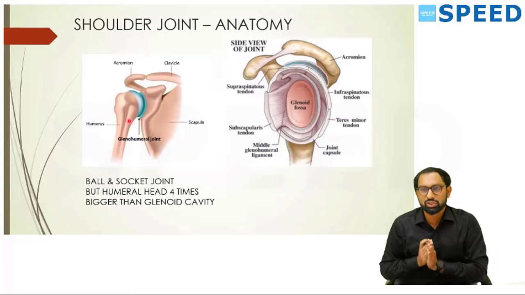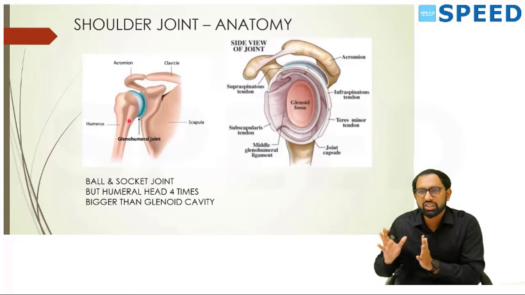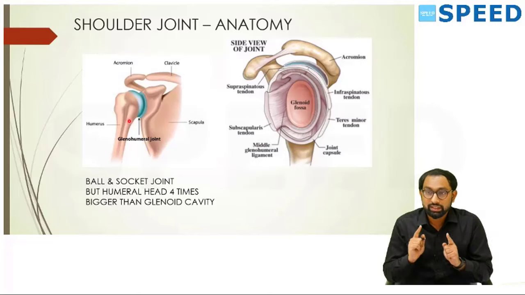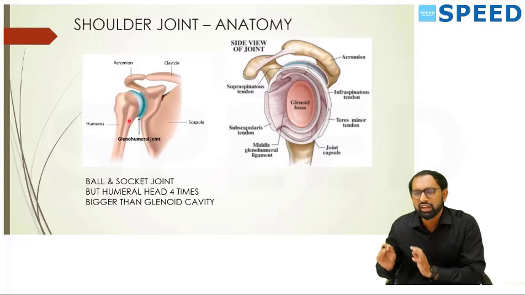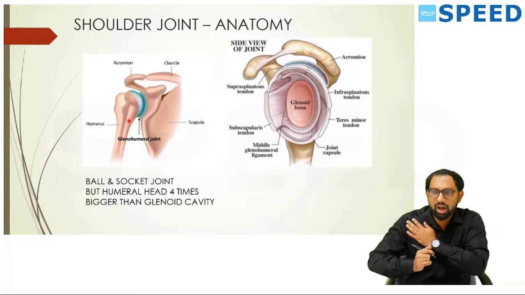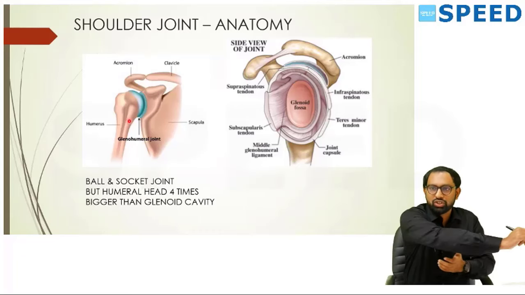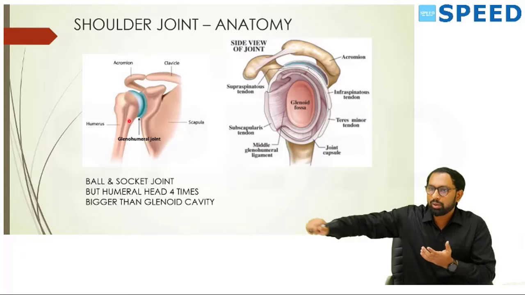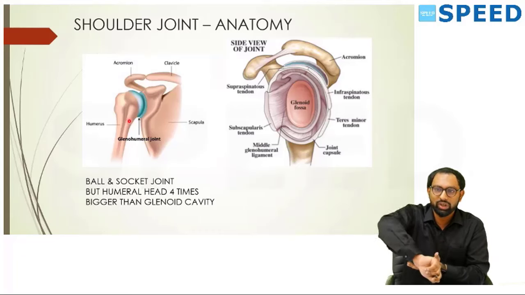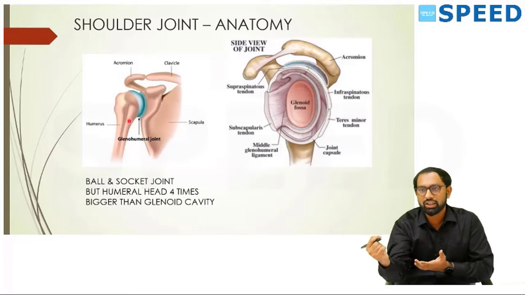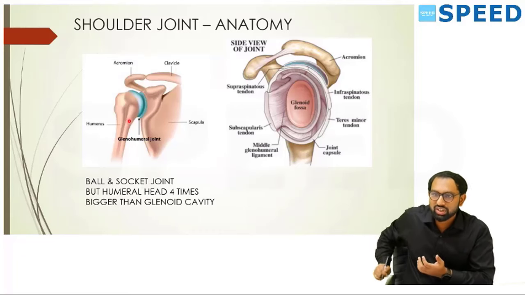So what is the use of this? Why has God created such an imperfect joint for us? There is a reason for this. The reason is that we enjoy a wide range of movements with our shoulder. Our shoulder allows us to do complete adduction, a complete range of abduction, overhead abduction. Also you can do internal rotation, external rotation, also extension and flexion.